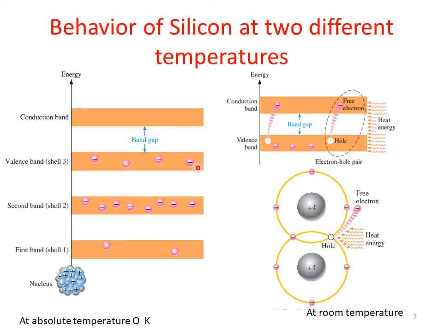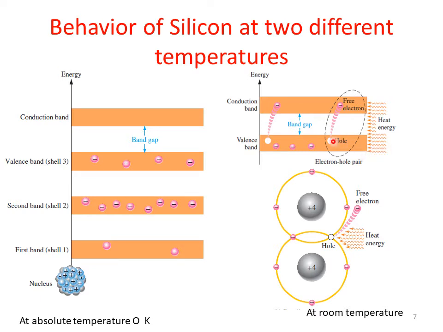Now what is the real scenario? Let us see that. The real scenario is that at room temperature, the room temperature is actually serving as a high temperature for the silicon or the semiconductor atoms. This means that at room temperature there is enough thermal energy present so that the electrons present in the valence band receive the room temperature's heat energy.